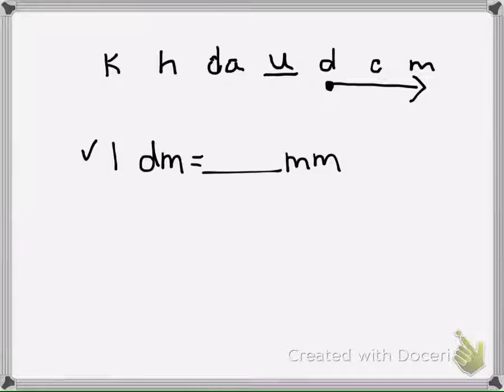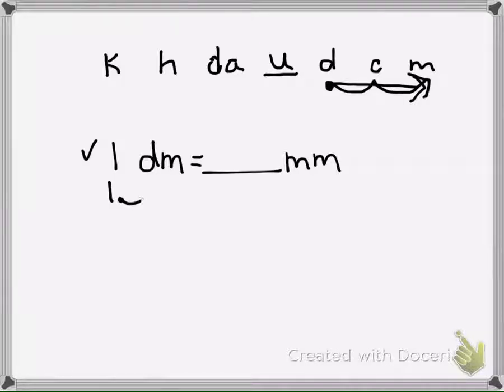To get there, I have to go over 1, 2 spaces. That means I'm going to move my decimal 2 spaces to the right, because I just had to go 2 spaces right to get from decimeter to millimeter. Now, if I don't see a decimal, remember it's right here, because that's just the whole number 1.